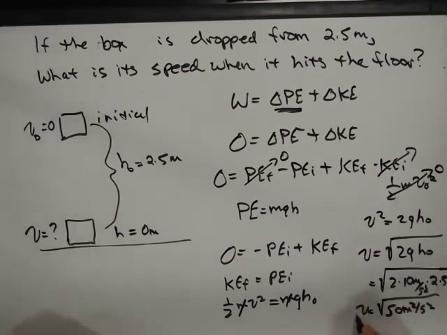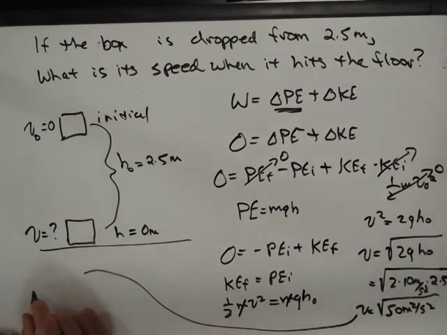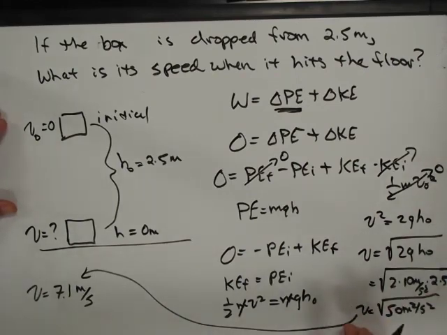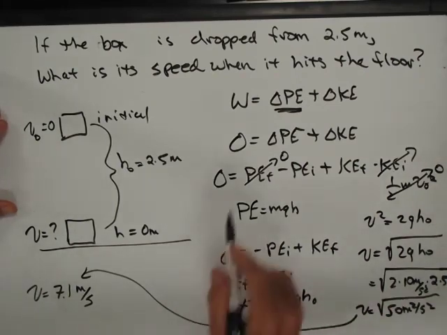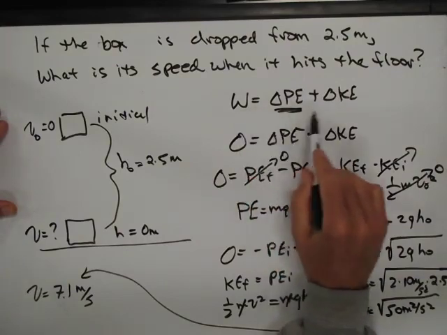That's what my v is. And if I just write it over here, v is equal to about 7.1 meters per second. And so let me just say a few things about this on the next sheet.